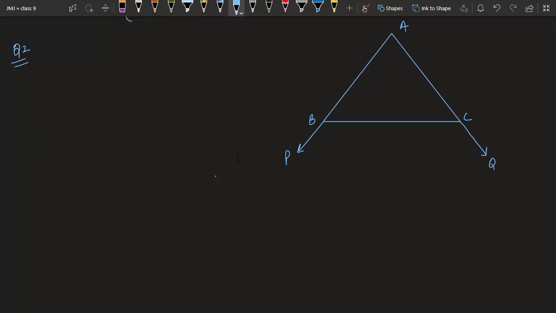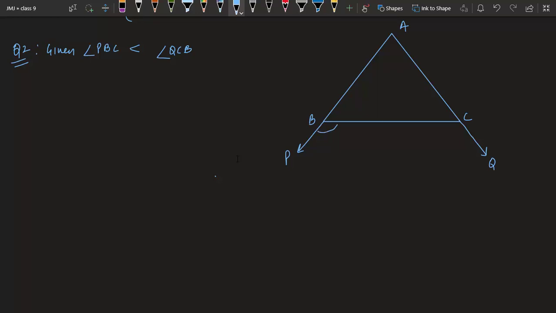Also angle PBC is less than angle QCB. So given to us, given angle PBC is less than angle QCB. Now let's take the diagram.